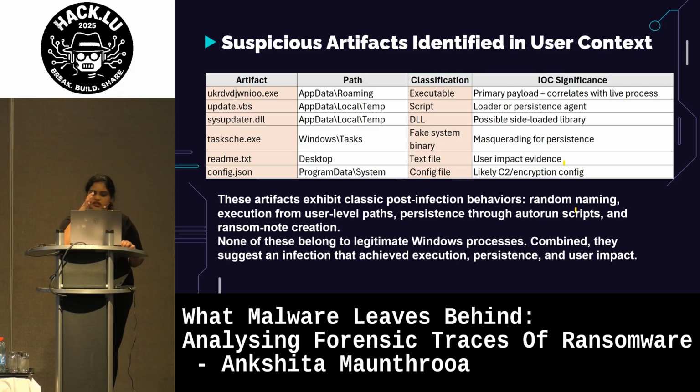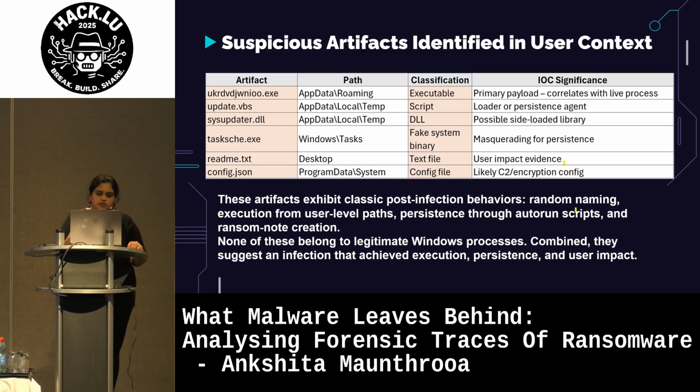The first one is definitely a primary payload, so it correlates with the whole live process of infecting your VM. The second is a script persistence agent. The third one is probably a side-loaded library, and it was already aiding with other system updates. And the task scheduler, of course, was only for persistence, so a fake system binary.